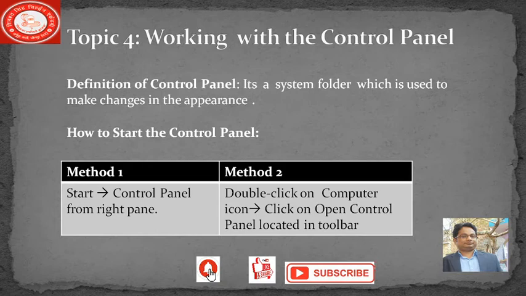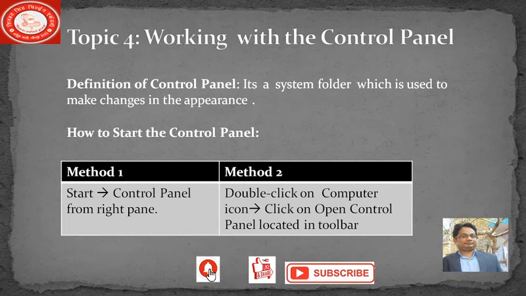Let's see how the control panel interface looks. Before coming to the next slide, one more thing I want to tell you. When the control panel interface appears, it includes many things like appearance and personalization, hardware and software setup, system and security, networking and internet, setting of clock, language or region.